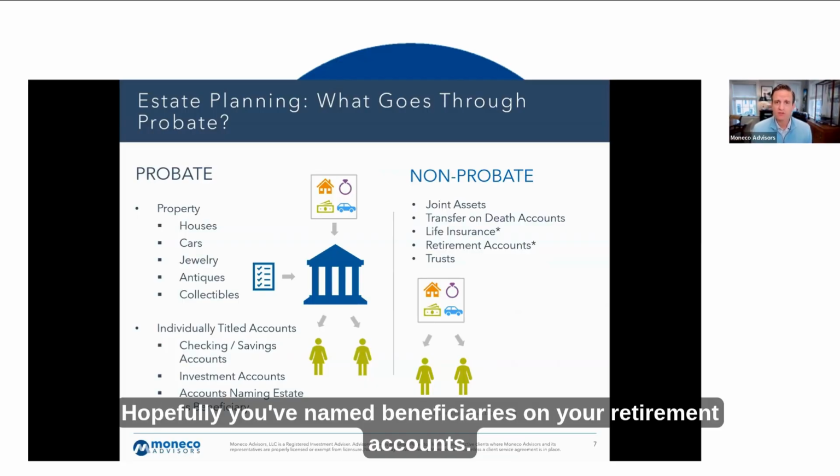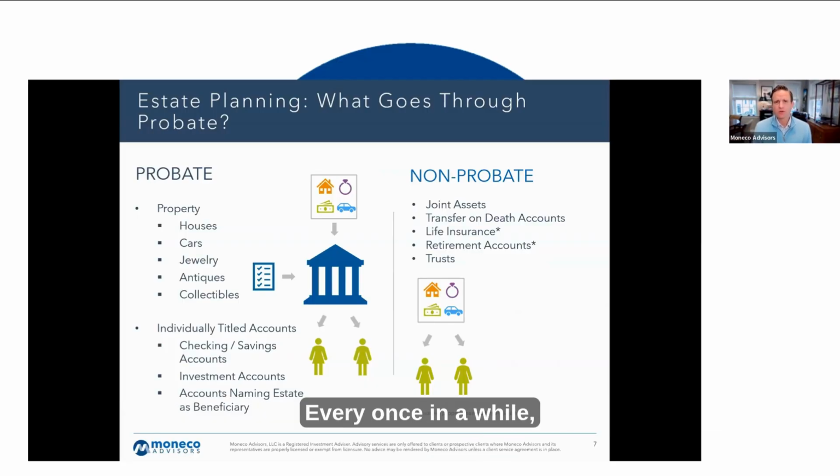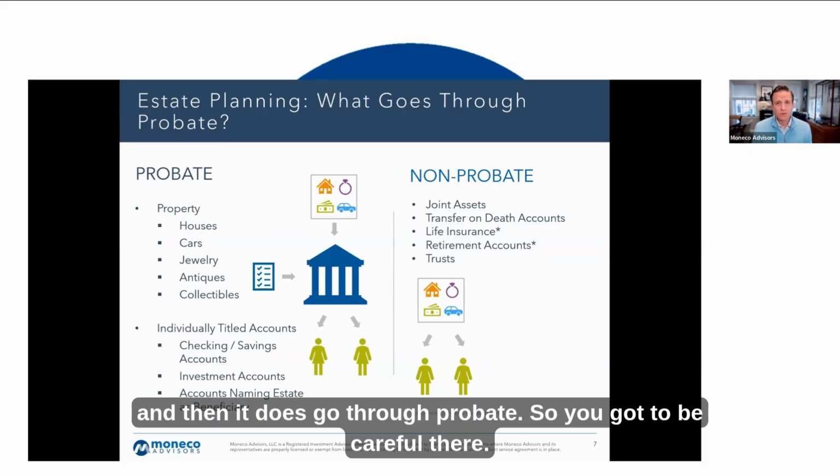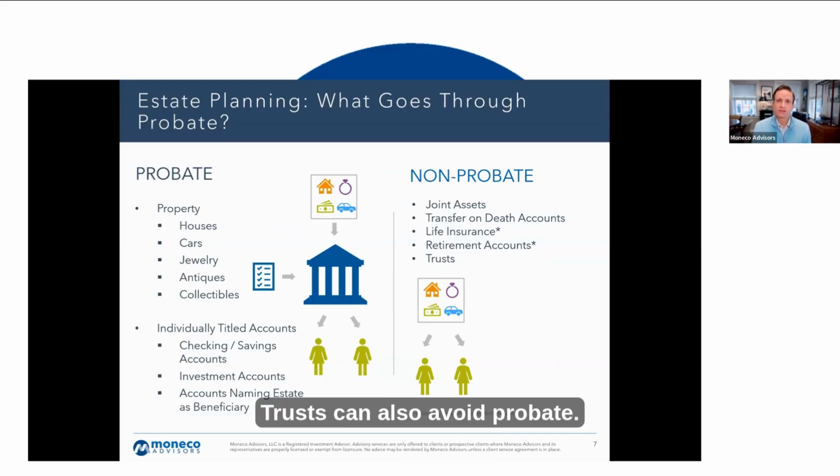Hopefully you've named beneficiaries on your retirement accounts. Every once in a while, I'll see it named as the estate of, and then it does go through probate, so you've got to be careful there. And trusts. Trusts can also avoid probate. What doesn't avoid probate? What goes through probate? Well, houses, cars, jewelry, stuff, checking accounts, savings accounts, right? All of this, basically everything that doesn't have a named beneficiary.